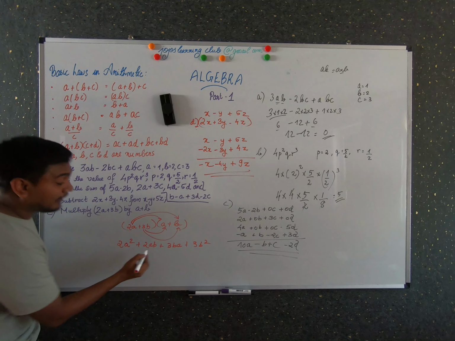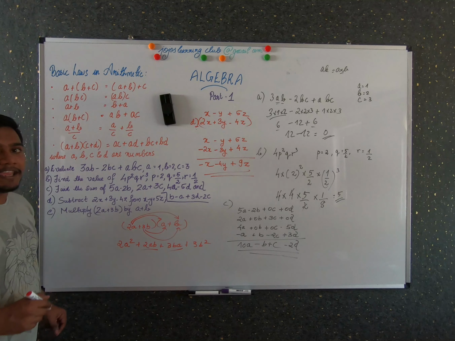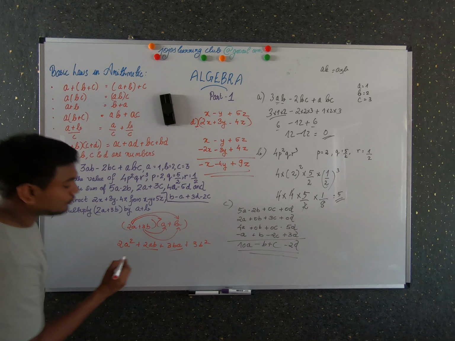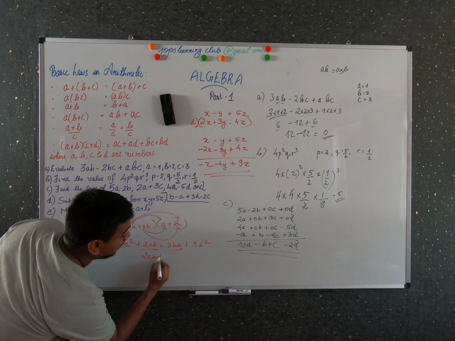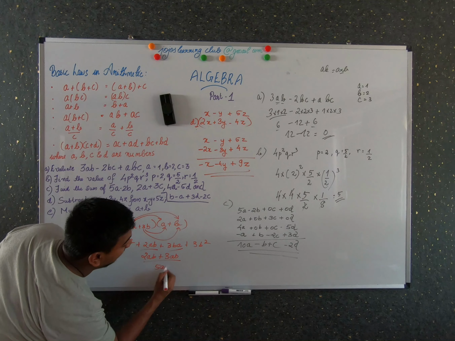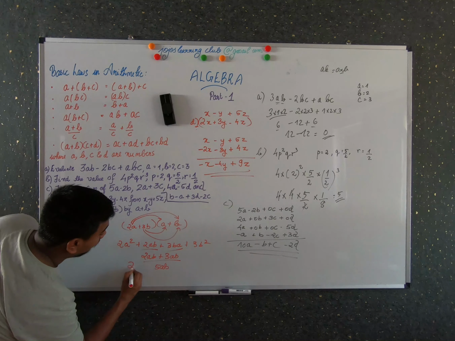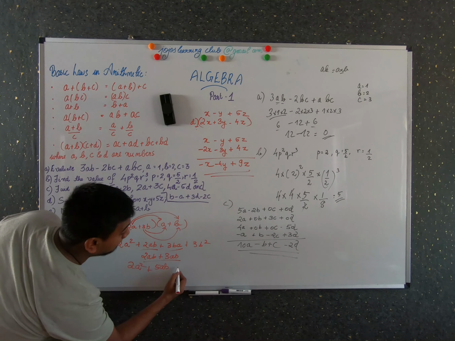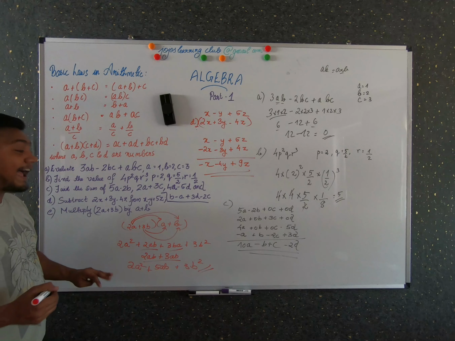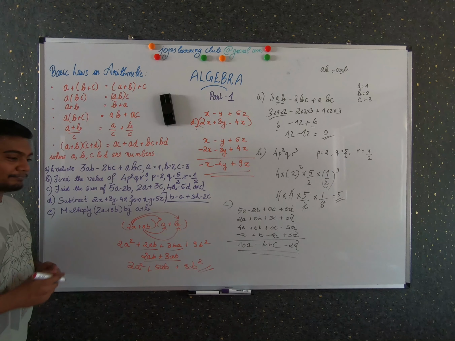You know that 2ab is same as 3ba, right? Because ab is same as ba. So I can write it as 2ab plus 3ab. So group it together, it would be 5ab. And here 2a square plus 3b square. So this is your final answer for the problem.